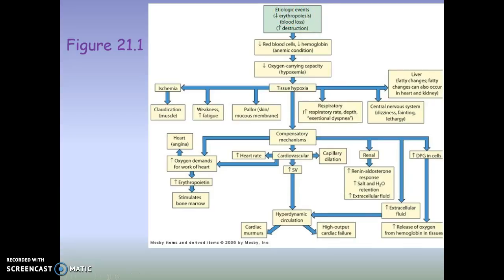So decreased erythropoiesis, decreased red blood cell production, you have blood loss, you have decreased destruction, and so then when you get out into the body, you have decreased red blood cells, decreased hemoglobin, and then the body has that anemic condition. What does that mean? Decreased oxygen carrying capacity, which means your tissues are going to develop hypoxemia, low amounts of oxygen in the blood, leading to tissue hypoxia. And so then you have the physical manifestations. Very extreme, you can have ischemia, and now that develops claudication.